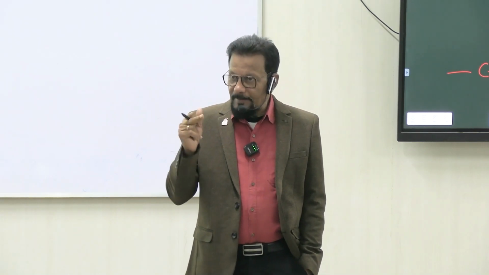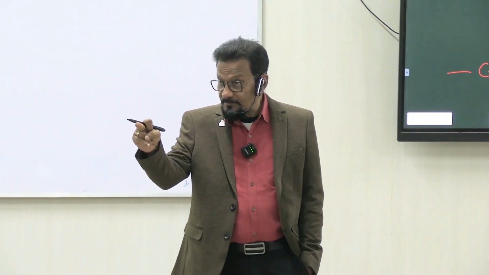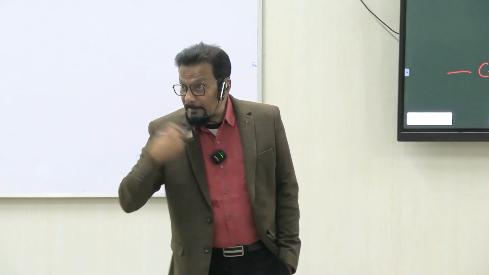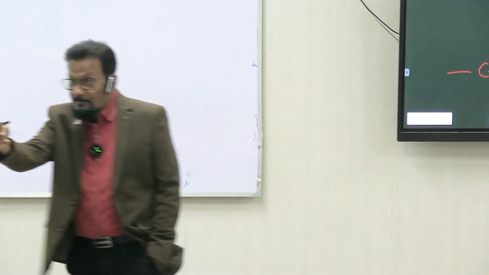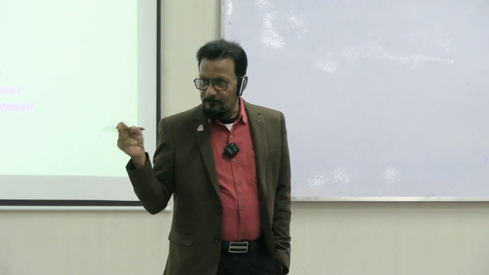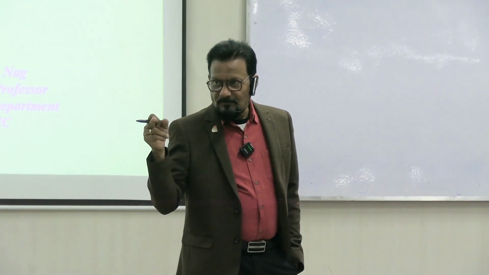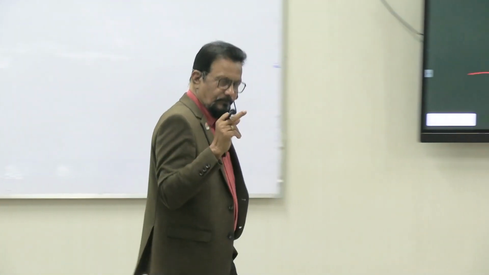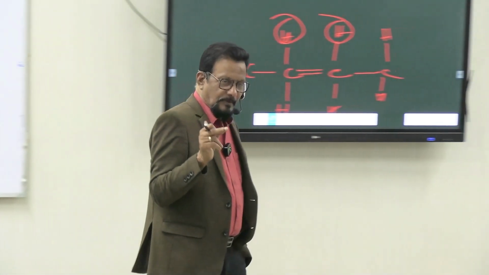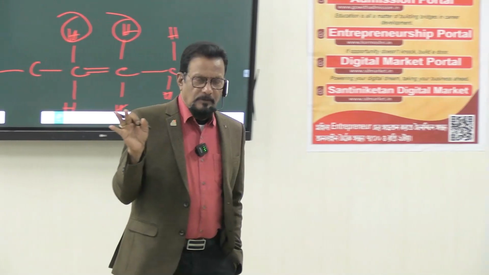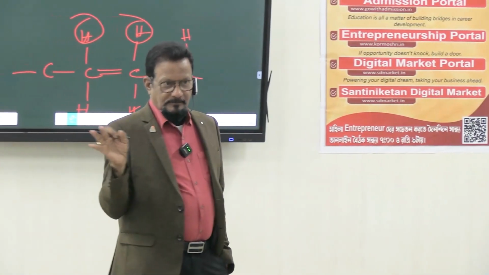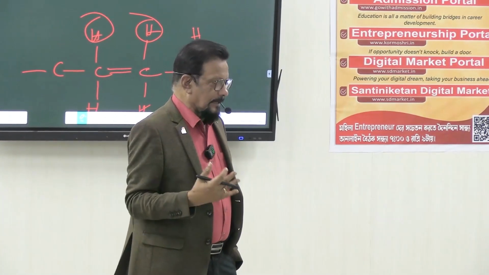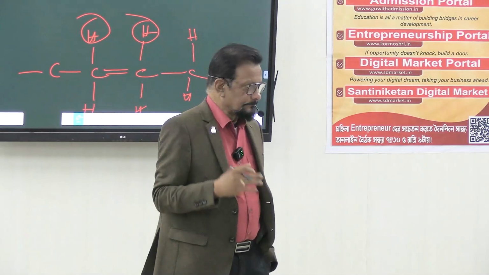Per gram, 9 kilocalorie. Protein gives 4 kilocalorie and carbohydrate also gives 4 kilocalorie. So these are called calorie equivalents, meaning how much energy is given per gram.